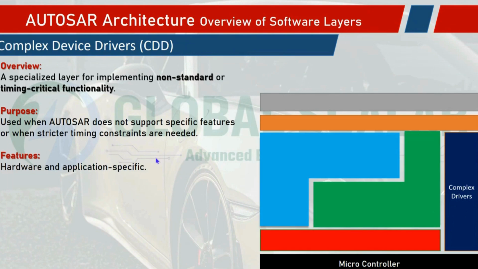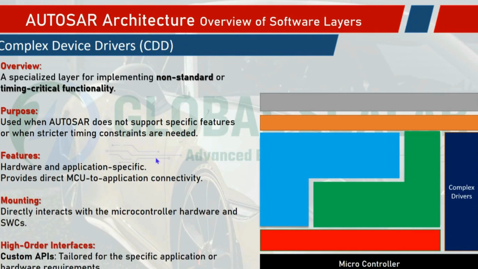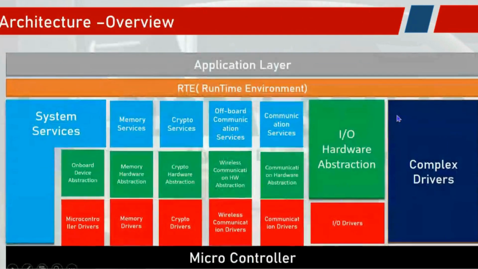The feature is that it is hardware and application specific, and it provides direct MCU-to-application connectivity. It is mounted directly on top of the microcontroller layer and interfaced with APIs specific to the application and hardware. The RTE will help us communicate the real-time constraints and functionalities.